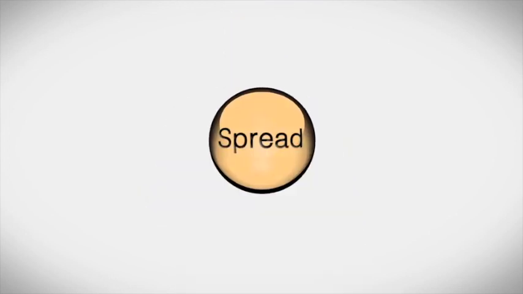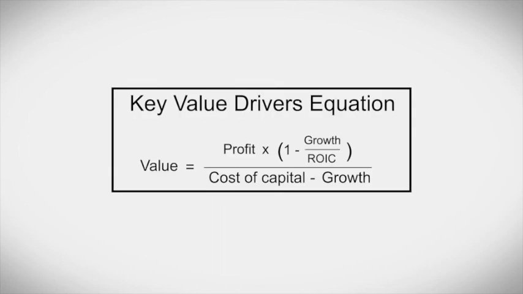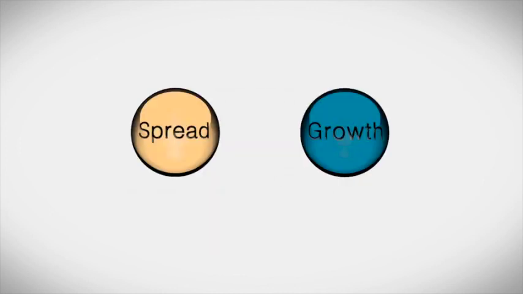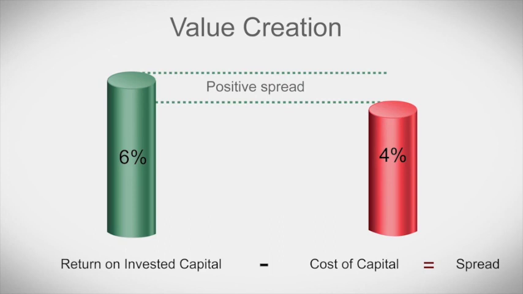Summing up, the core principles of this model are very critical to value creation. We talked about the concept of spread, and we talked about how critical spread was to value creation. We also really focused on the math behind the key value drivers and understood the relationship between spread and growth, and ultimately defined that value creation is about earning a good return and finding good growth opportunities that earn that good spread growth combination.